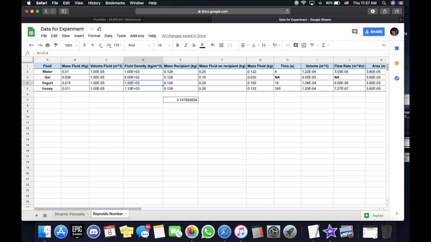For water, we found that the Reynolds number value was 1.32 times 10. For gel, we didn't find a value of Reynolds number since the variables didn't work because gel is too viscous. And for yogurt, we found that it's 3.15. And for honey, we found that it's 4.8 times 10 to the negative 2.